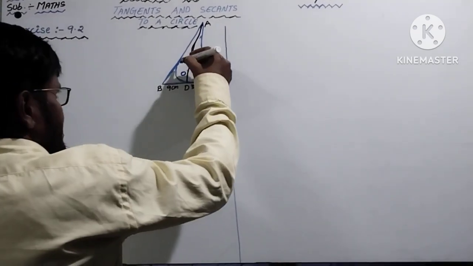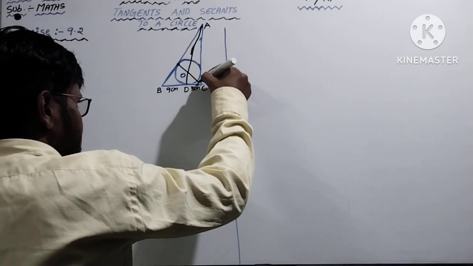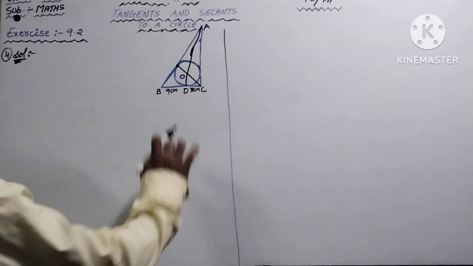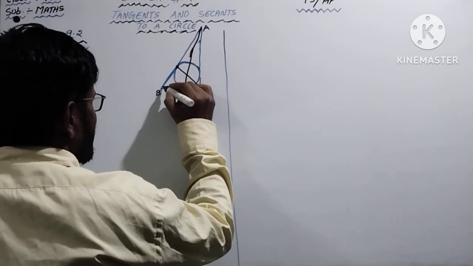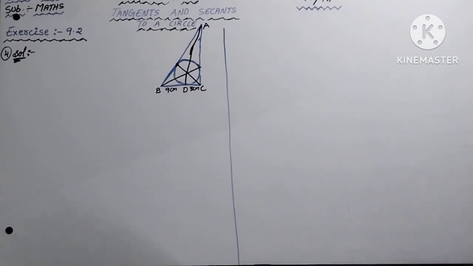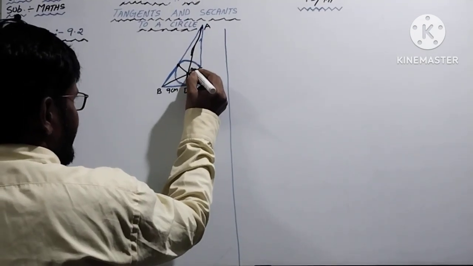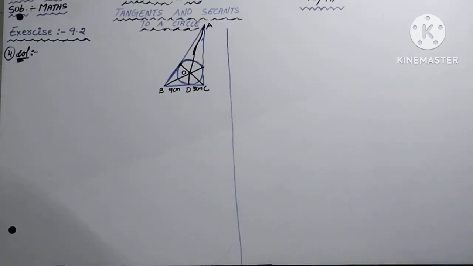Then from this point to C, take one more line. Then from B to here, draw one more line. In these three medians, this intersecting point is named O.